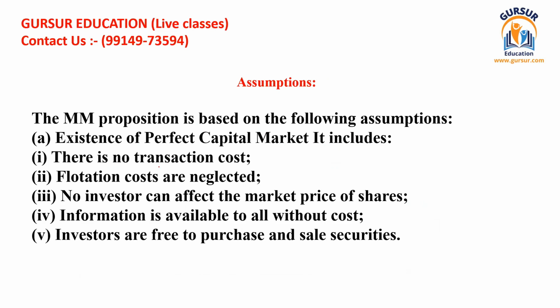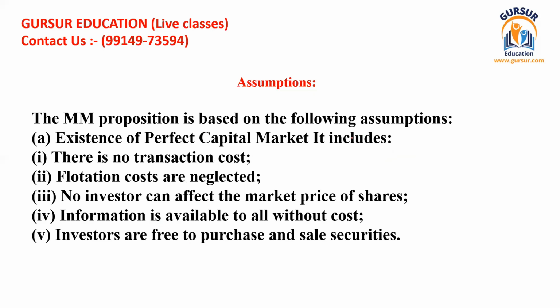That means there is no transaction cost, no flotation cost, no investor can affect the market, all the information is available, and investors are free to purchase and sell securities. And that assumption was highly criticized in the forthcoming researches.